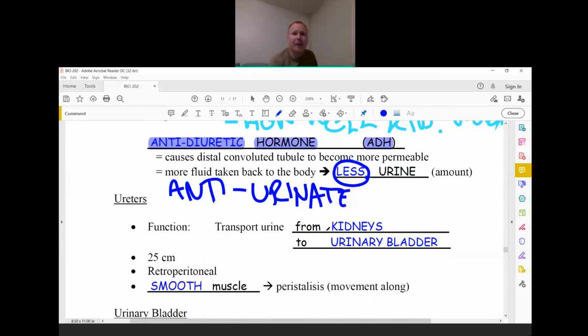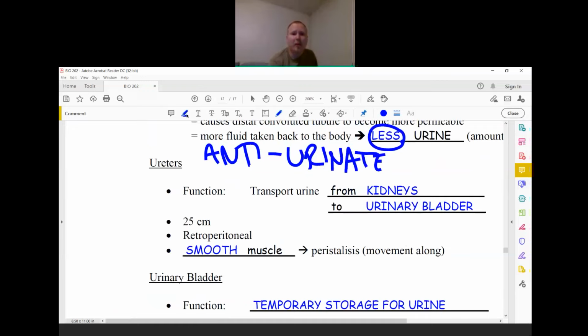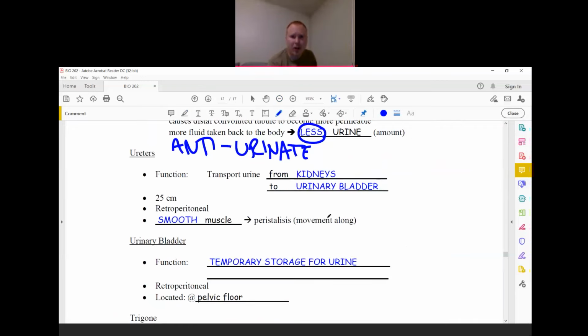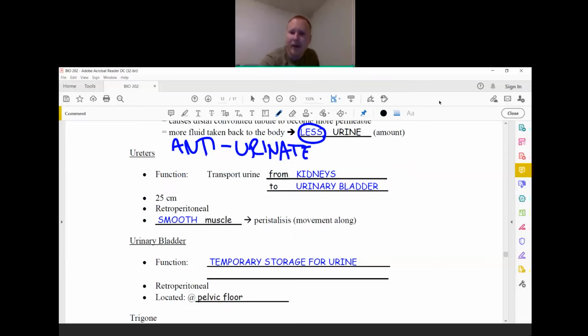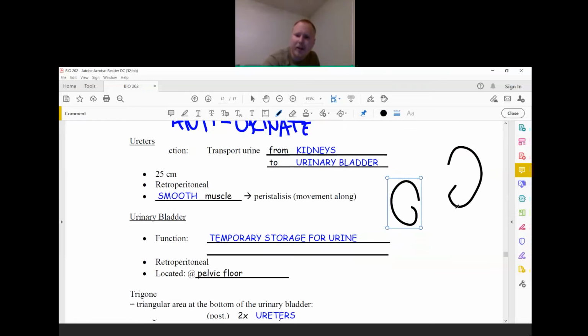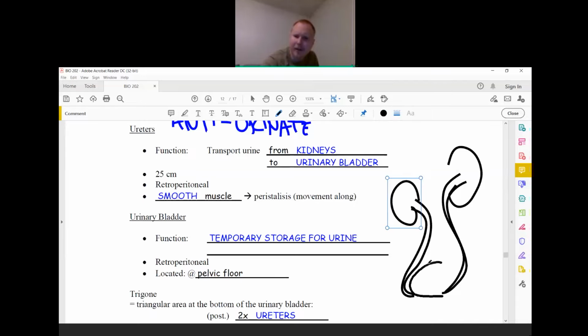What I want to do next is go through some of the remaining structures of the urinary system that we should look at. To do that, again, I'm sketching out a really quick diagram with our kidneys here, the right kidney lower, our ureters running out, joining at the base of the urinary bladder, and then our urethra.